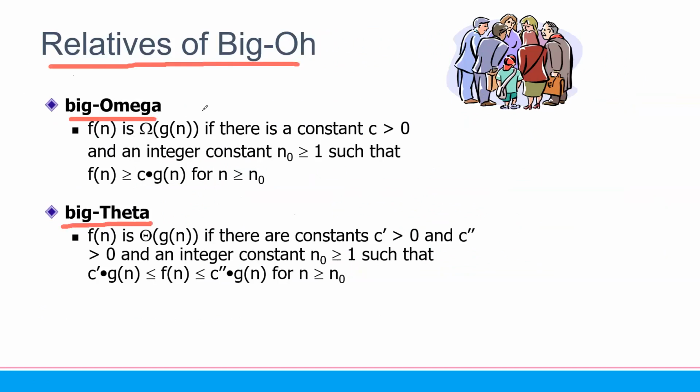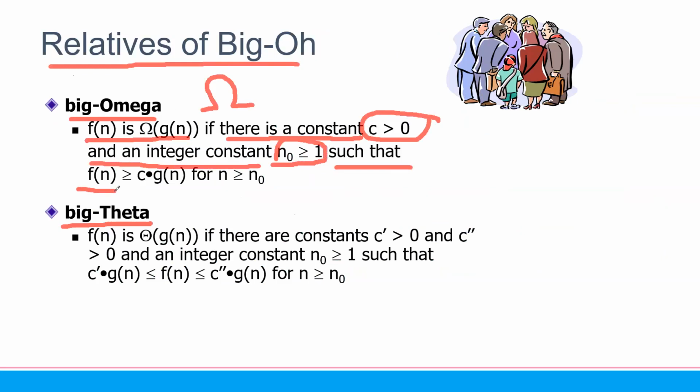The big omega uses this symbol. f(n) is big omega g(n) if there is a constant c which is greater than 0 and an integer constant n0 which is greater than or equal to 1, such that f(n) is greater than or equal to c multiplied by g(n).